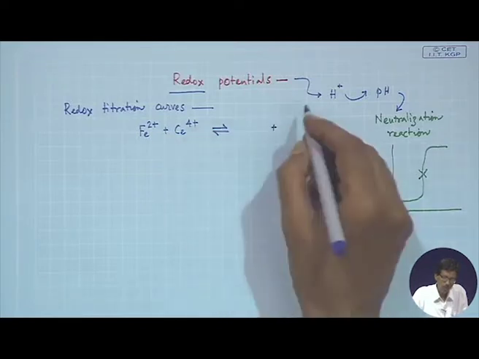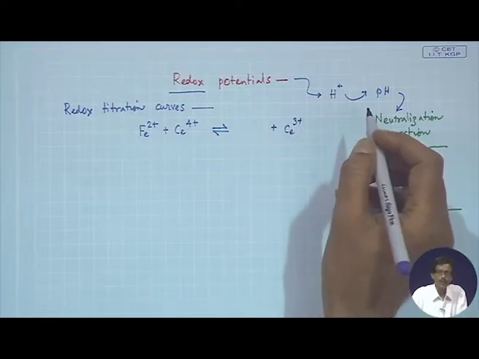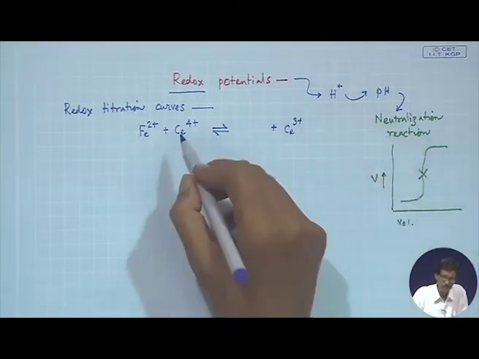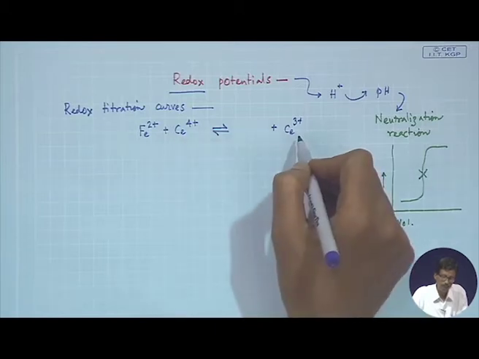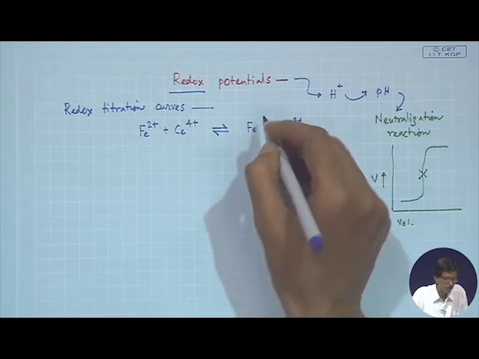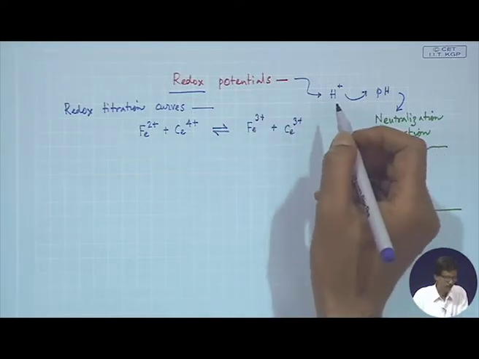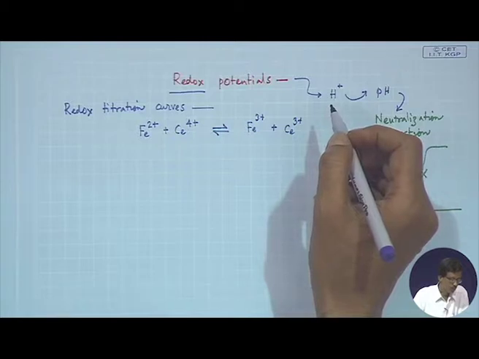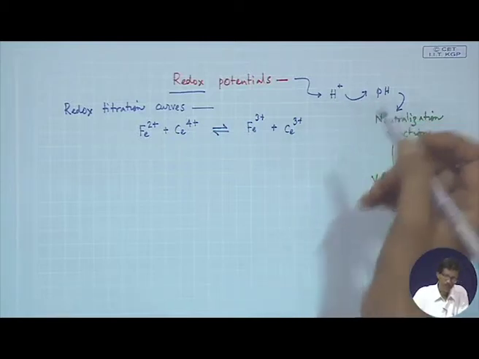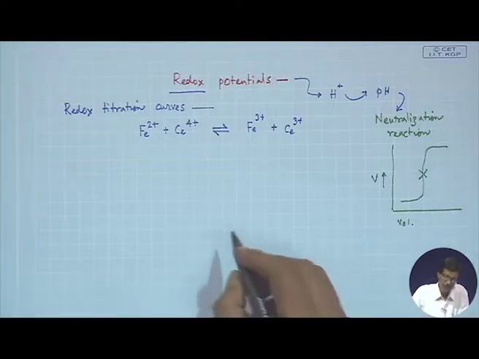So, ceric ion will be reduced to cerium 3 plus. These two have one potential of oxidation, and we also know the very well known and standard potential for the ferrous-ferric system. So, this we can utilize for this analysis.